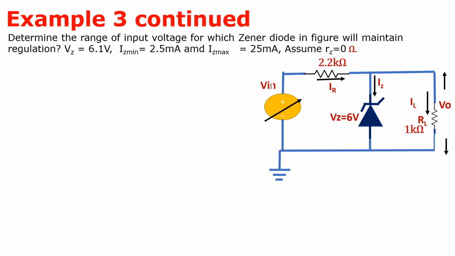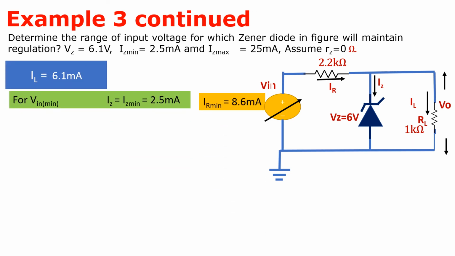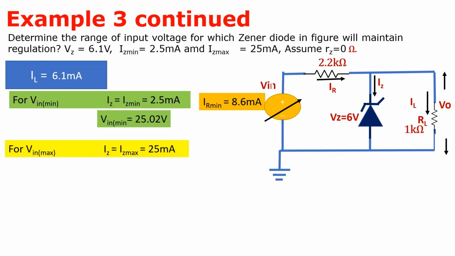The calculation of the minimum and maximum input voltage we can show on this graph. Here you can see that if IZ min is 2.5 milliamperes and IZ max is 25 milliamperes, the series resistor current varies from 8.6 to 31.1 milliamps.